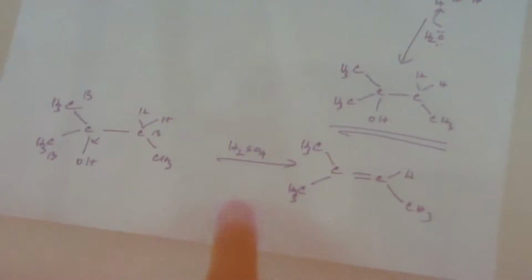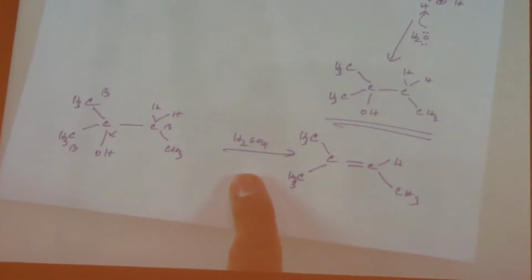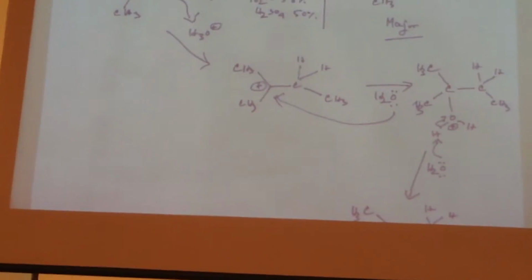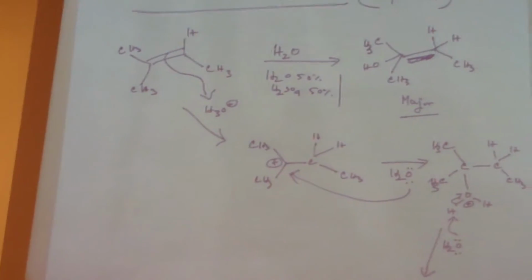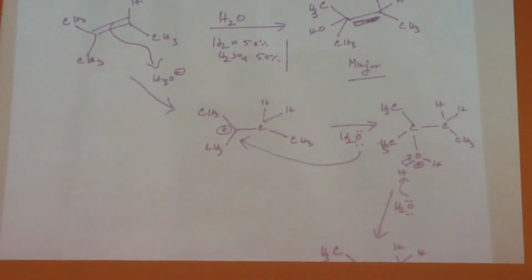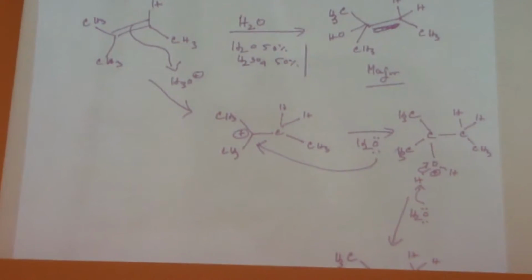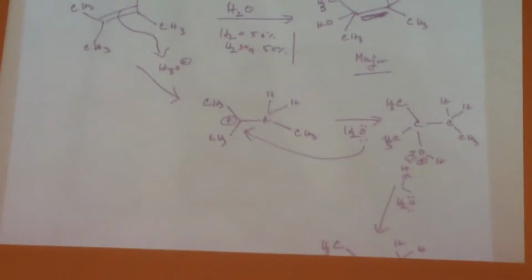It really depends on one important thing, because in the previous reaction we used concentrated sulfuric acid, and in this reaction we use an aqueous sulfuric acid, which is 50% sulfuric acid, 50% water. And that brings us to another important issue in organic chemistry that relates to the microscopic reversibility of reactions, where you can manipulate the reaction depending on what you are doing.